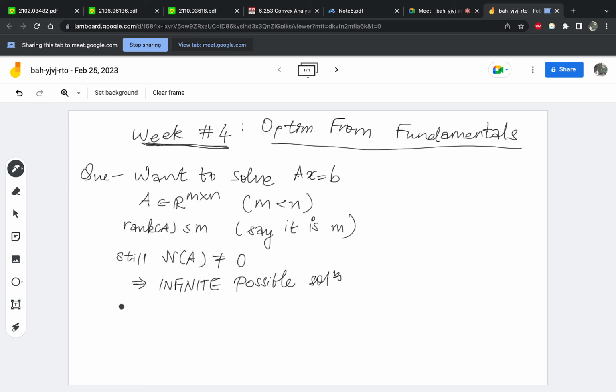So we will look for only certain types of x. I want to solve this with infinite possibilities, so we will look for only certain types of x.